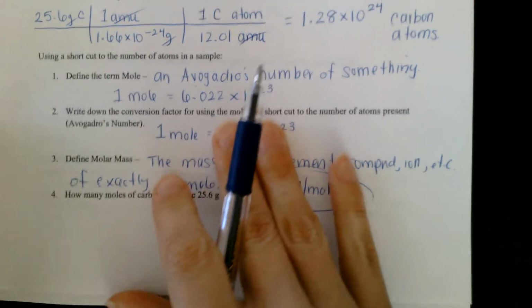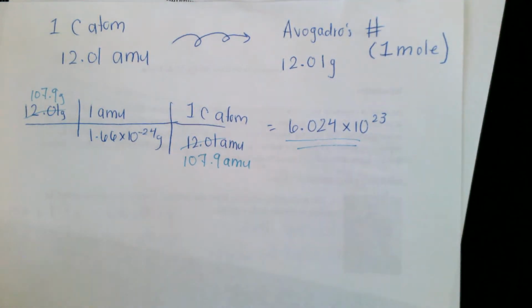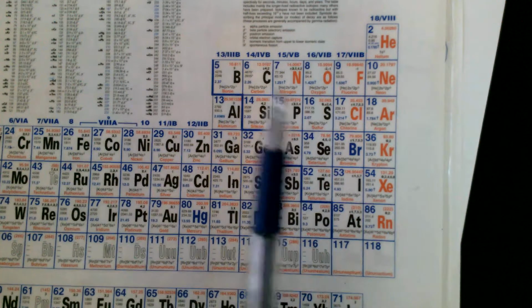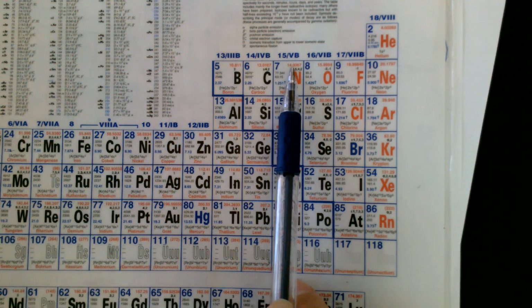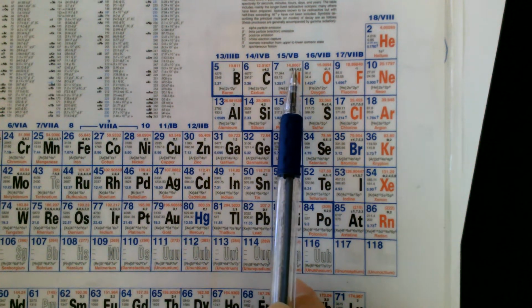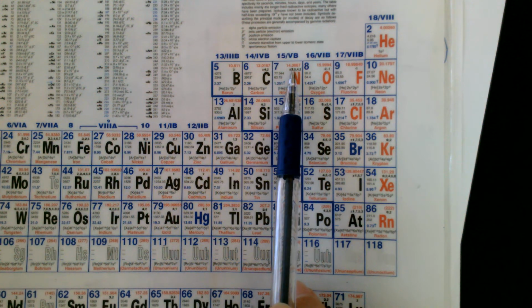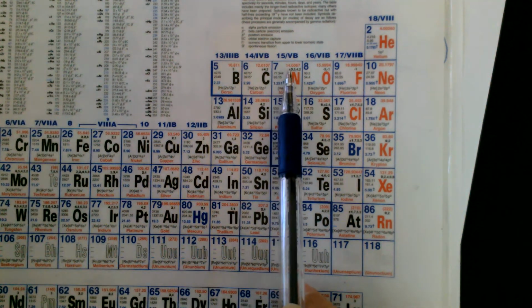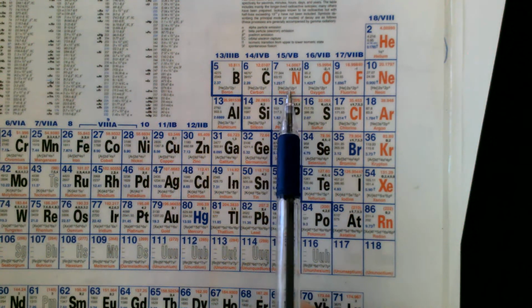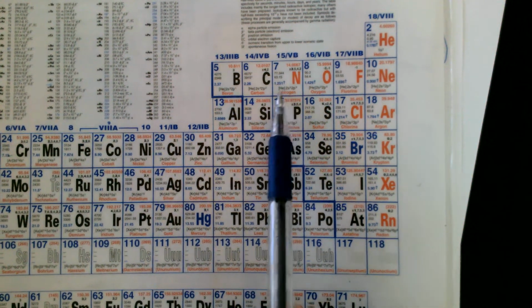So using what we did on the back of this sheet, we look at the periodic table. For example, nitrogen at 14.0067. This could be the average mass of 1 nitrogen atom in AMU, or this could be the molar mass of nitrogen at 14.0067 grams per 1 mole of nitrogen, or grams per mole.